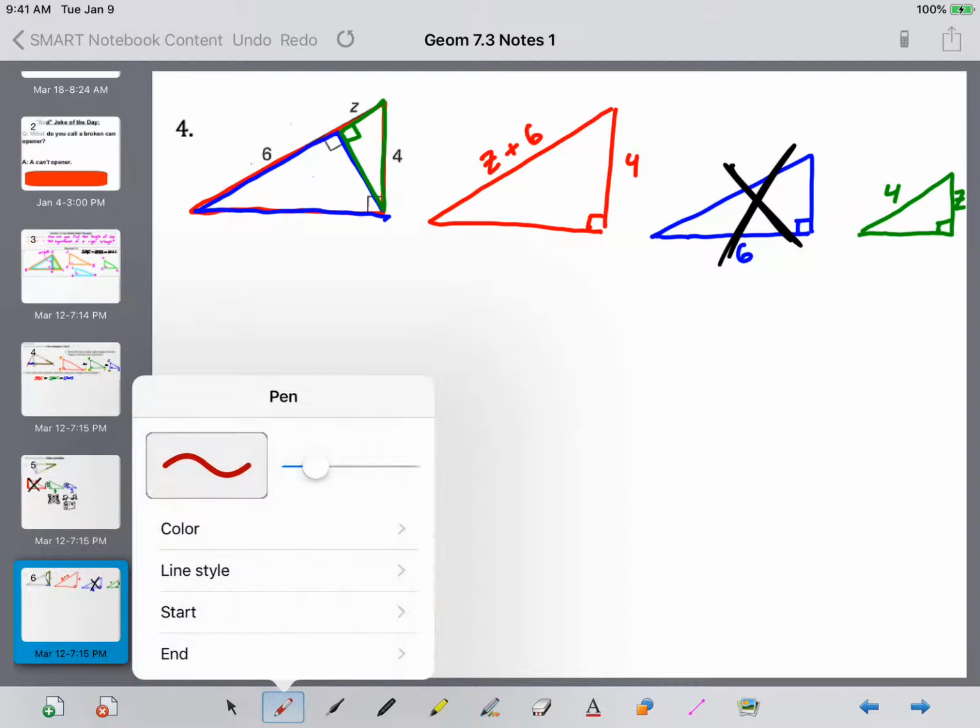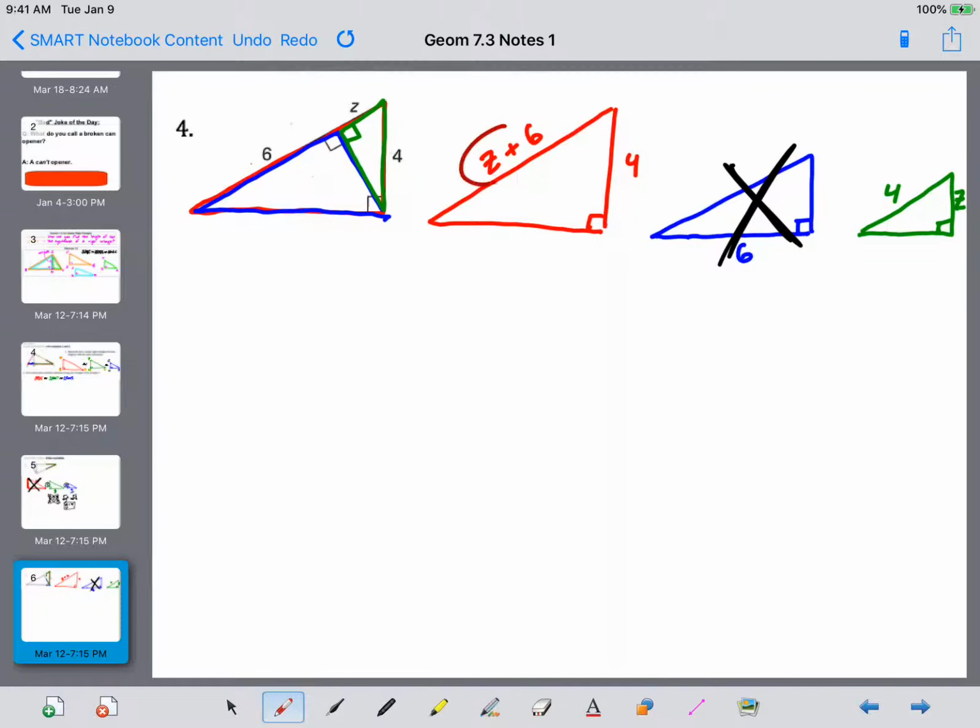Let's do this in this color, sure. So I've got Z plus 6 over 4. Those are the hypotenuses that go together. Is equal to 4 over Z. All right, now I'll be honest, solving this one is going to be a little tricky, so just hang in there.